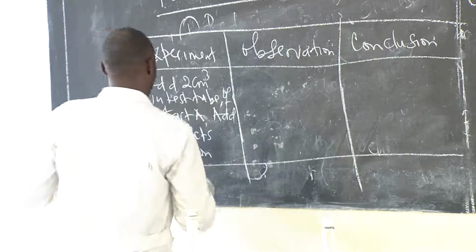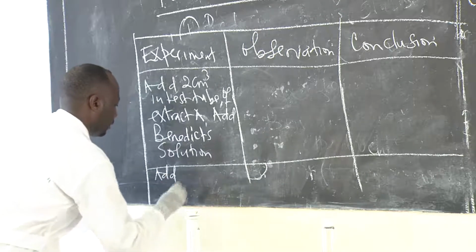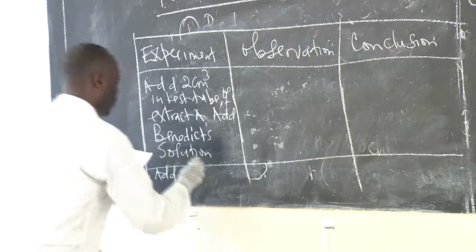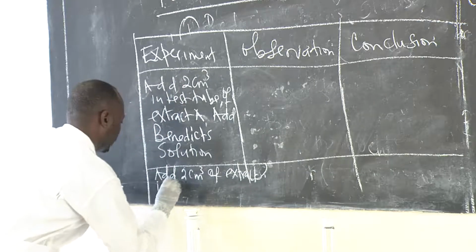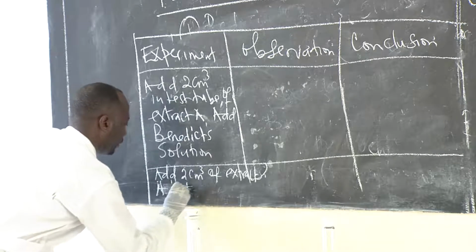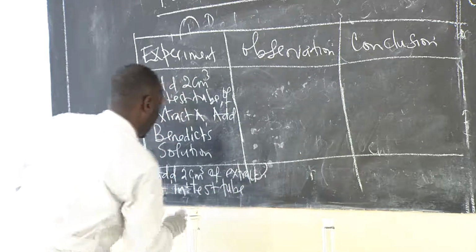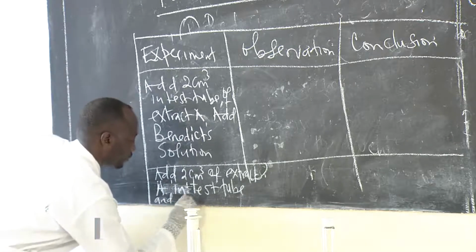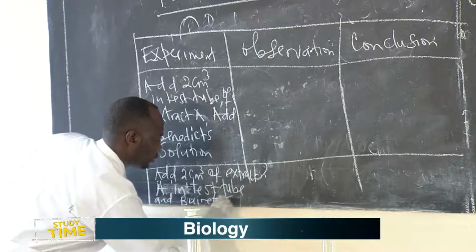The last one, you can also talk about adding 2 centimeters of extract A in a test tube, and add biuret solution.